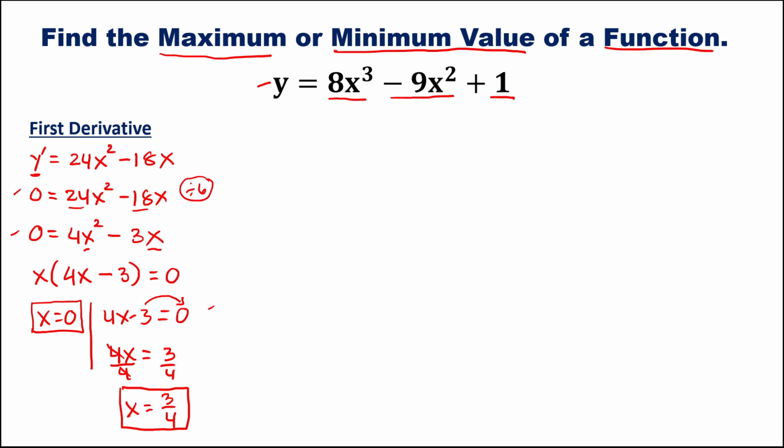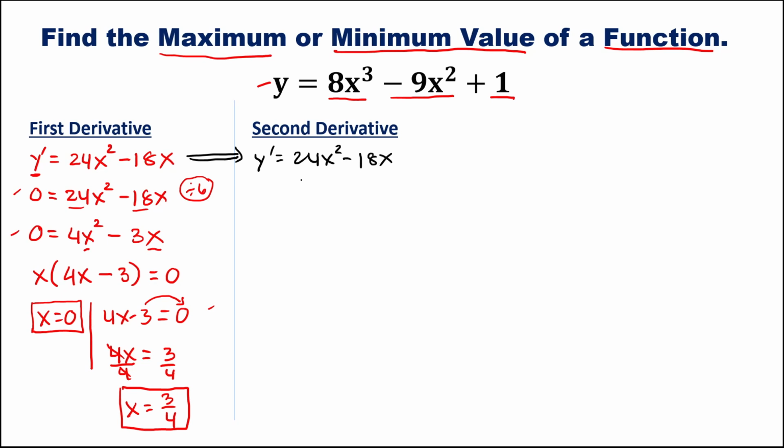Then to find the minimum and the maximum value, we're going to use the second derivative test. And to find the second derivative from this first derivative, since the first derivative is 24x to the power 2 minus 18x, to find the second derivative, that's y double prime, the derivative of 24x to the power 2 is 48x.